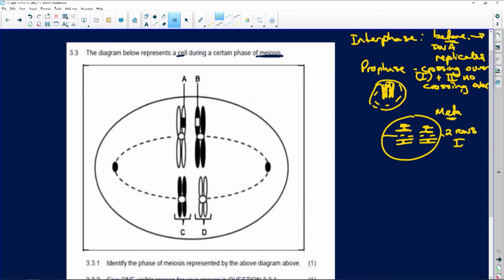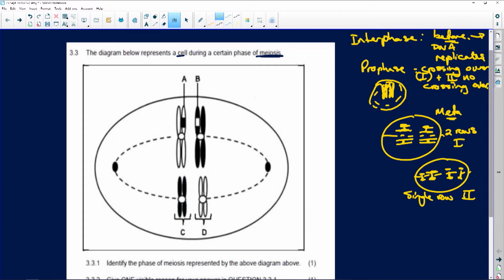And if they sit like this, chromosome, chromosome, chromosome, chromosome, so there is a single row, because those are all going to be joined. Then we end up with metaphase 2, and there's a single row.